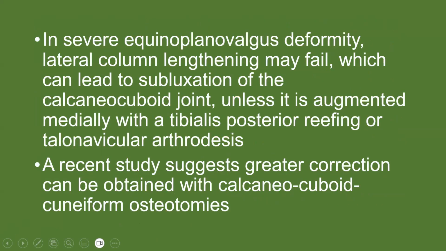If you have a planovalgus foot and you want to correct it, you can elongate the lateral column by doing an Evans procedure. You can do a combined or partial tendon transfer by splitting the tibialis anterior and translocating it more laterally, and even the posterior tibial tendon, and transfer one of the segments to the dorsum of the foot.